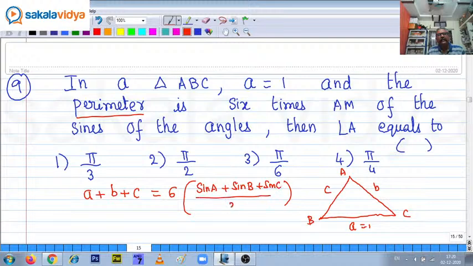What is the arithmetic mean? The arithmetic mean of sine A, sine B, sine C is sine A plus sine B plus sine C by 3.